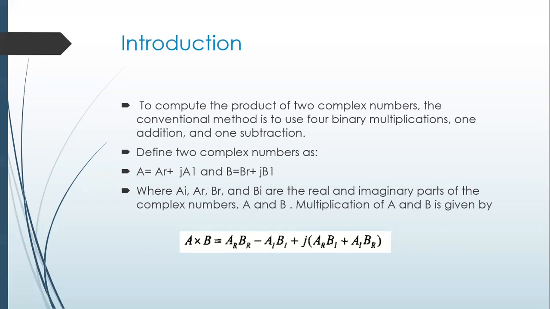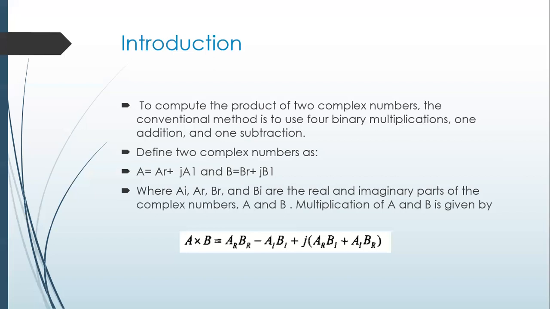Since the real part and the imaginary part combined give you the complex number, multiplication of A and B is given as A times B equals AR times BR minus AI times BI plus j times (AR BI plus AI BR). The first point of this slide also says that the conventional computation method uses four binary multiplications, one addition and one subtraction.